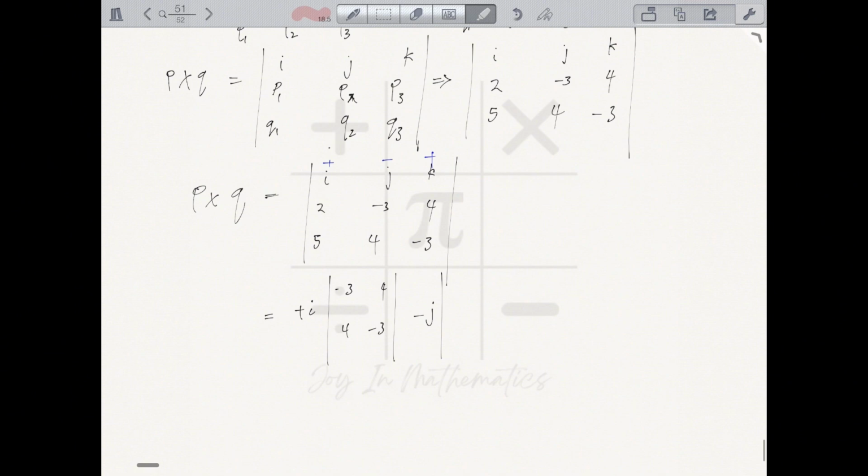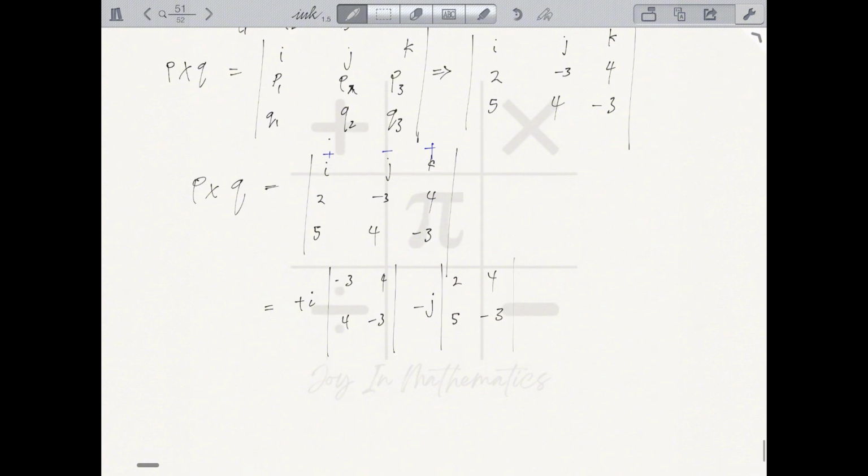We remove its row and column, and we are left with 2, 4, 5, minus 3. And then we move to positive k. We take out its row and column, so we are left with 2, minus 3, 5, 4.